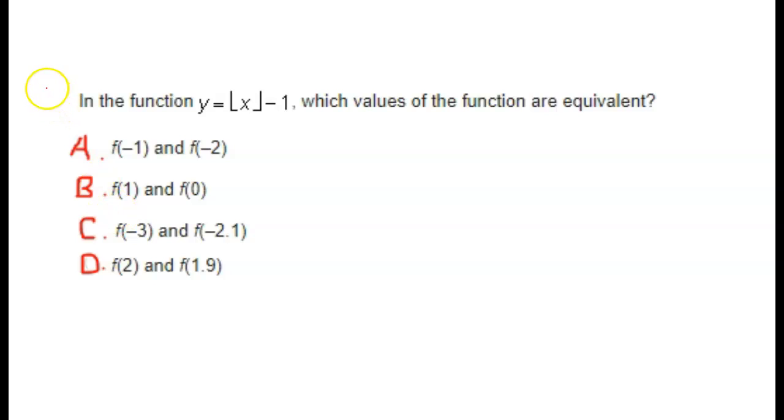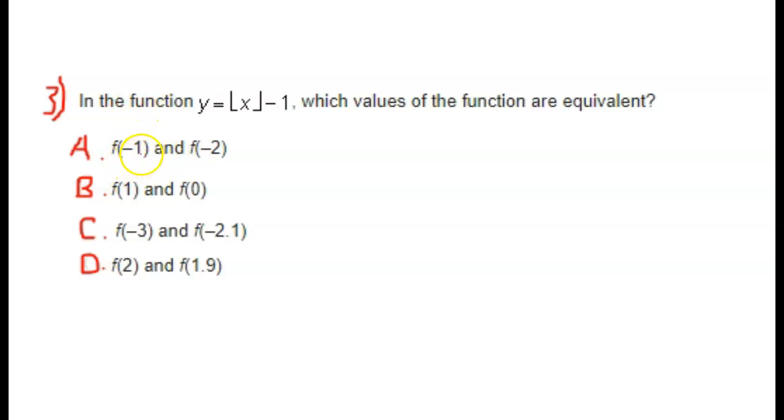All right, our next question, number 3, says in the function, the greatest integer of x minus 1, which values of the function are equivalent? All I can do is plug and check.